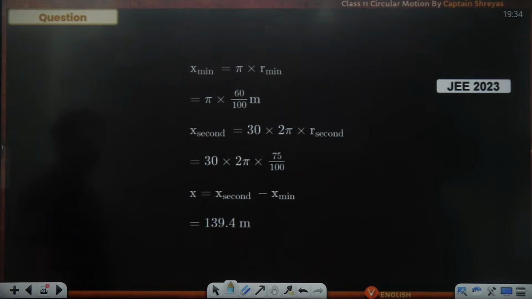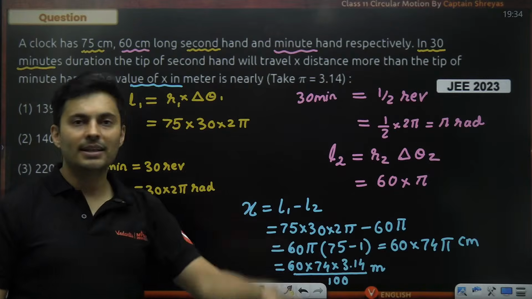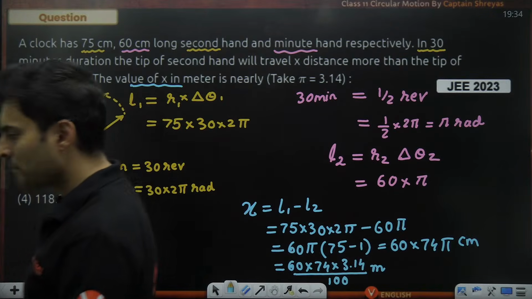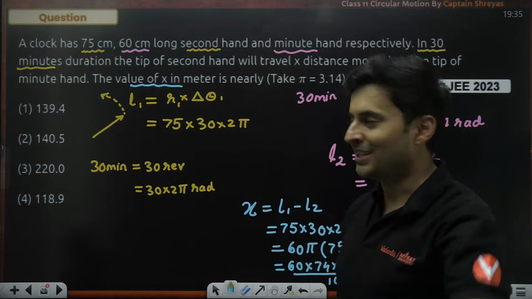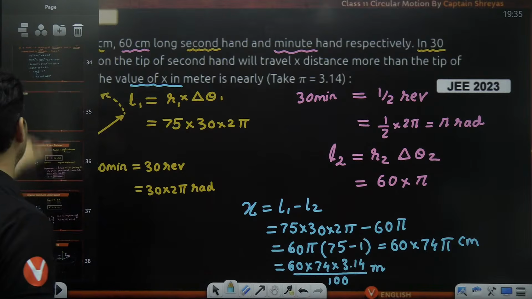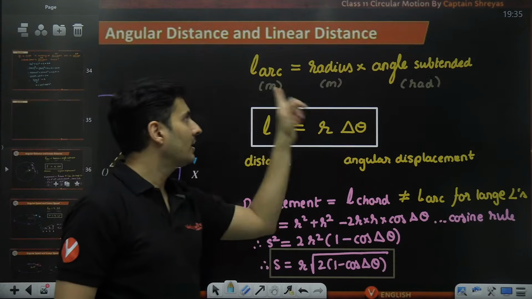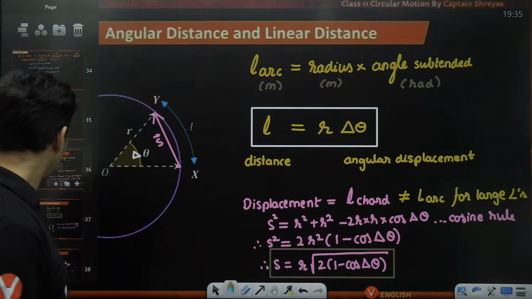Okay, that's the same thing which we have done. So you should get the answer as 139 meters. Okay, got it? So this was asked. So just based on the length of the arc concept, which we have just done over here. Length of the arc is r into theta.